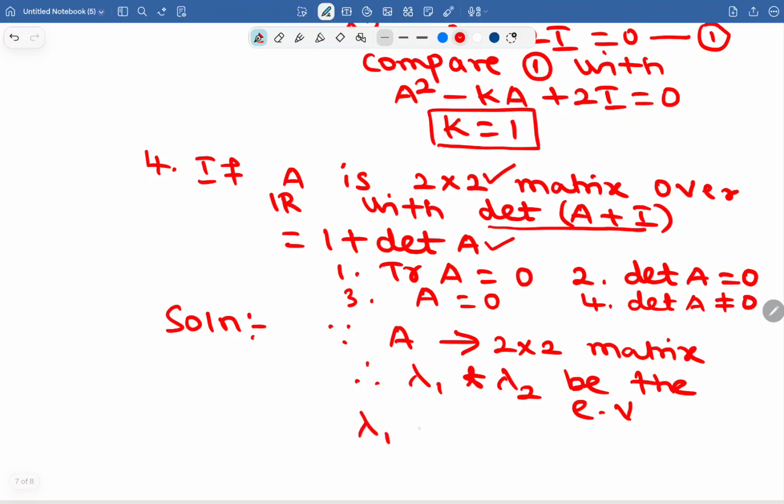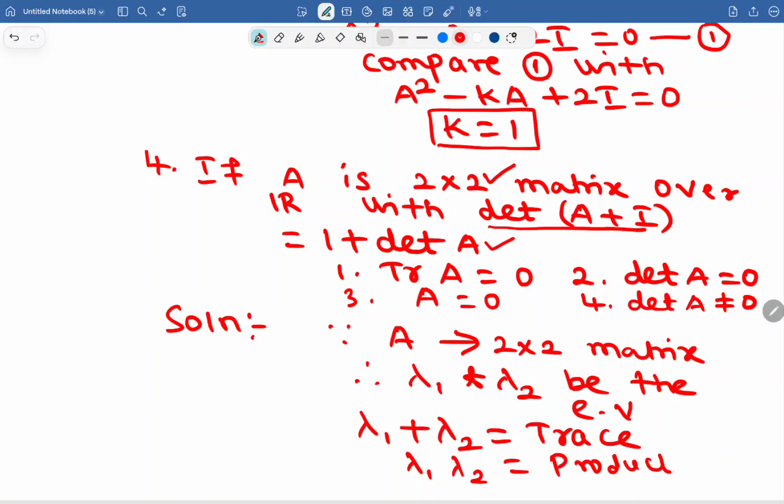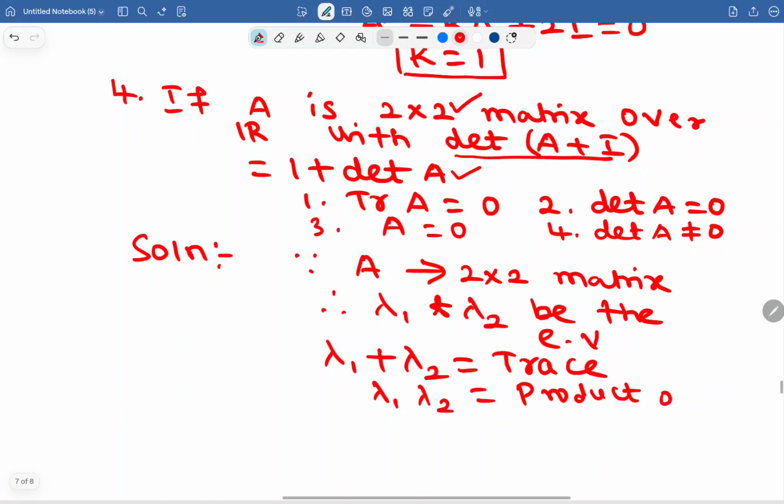We know very well lambda 1 plus lambda 2 is equivalent to trace, and lambda 1 into lambda 2 is nothing but the product of eigenvalues, which is equivalent to determinant A.